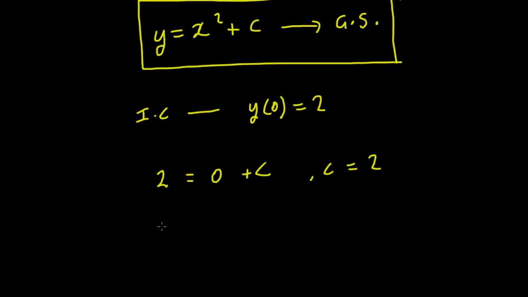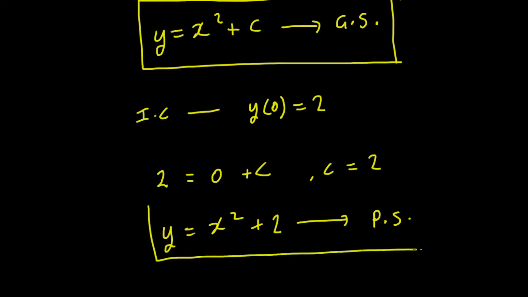So that would mean that the solution for that becomes y equals x squared plus 2. Okay, and that there is called the particular solution. I'll just write PS. Okay, so that is the particular solution. So that there is the final solution to our problem.